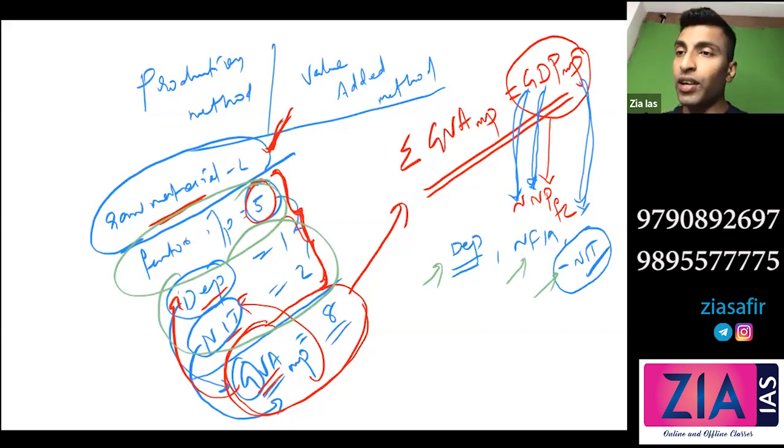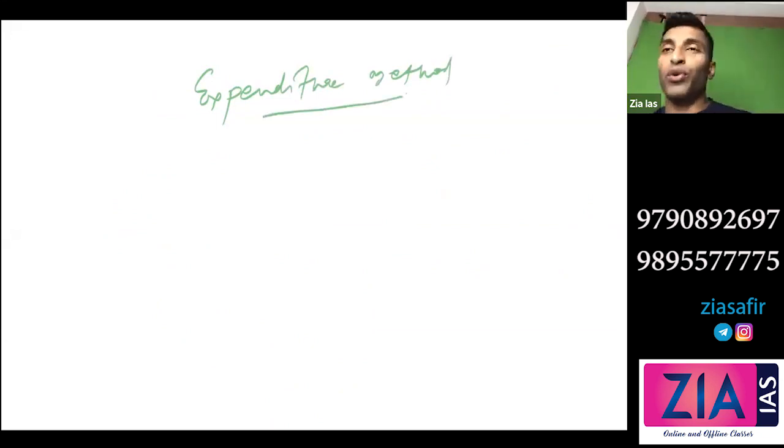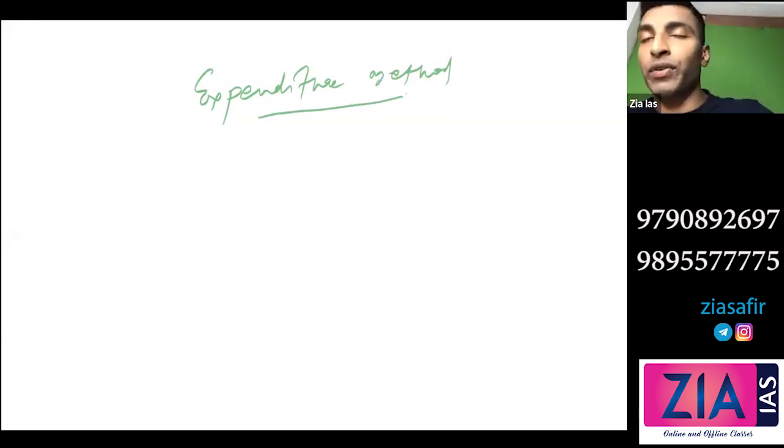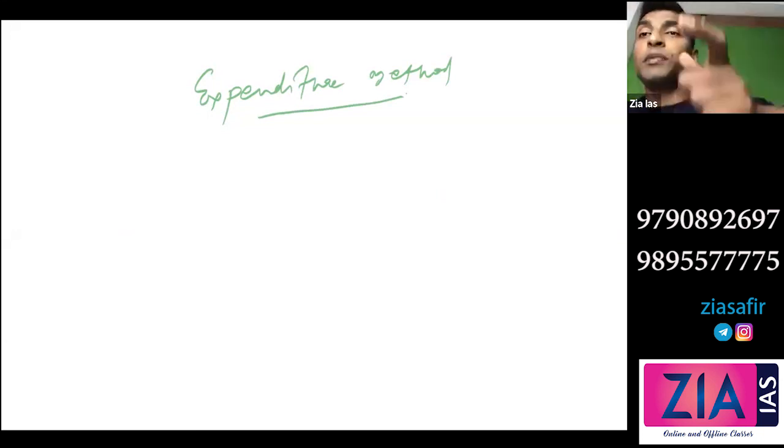Okay. Third one, you write expenditure method. See, basically, you don't need to know this much detail. All this technical knowledge is not required from the GS point of view. Nobody will ask you such questions. But what they can ask is in which sector, which method will be used.